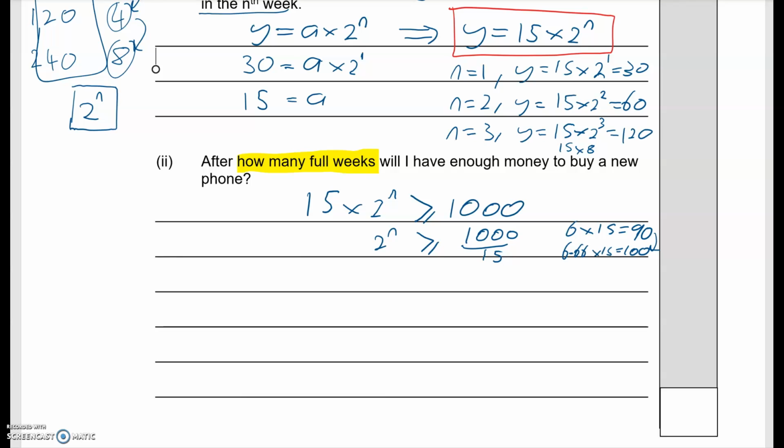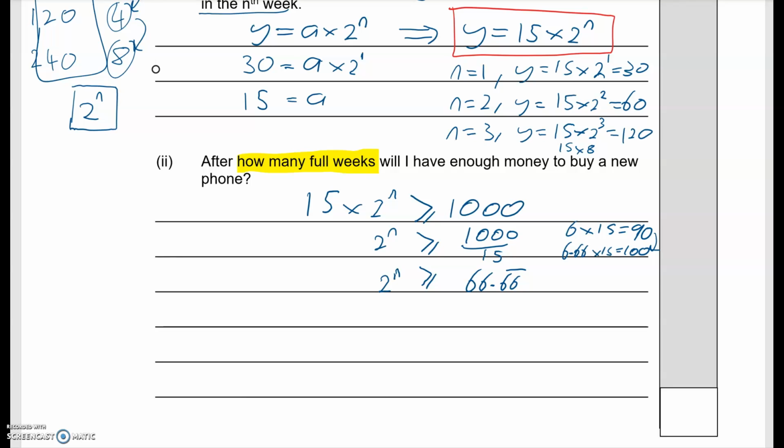I think there's actually a mistake in this question, the way it was written. It was meant to come out as a nicer number than that. But 1,000 divided by 15, you can work out, if you really want to, is 66 and 2/3. And you can just do that by simplifying the fraction. Anyway, you'll be given nicer numbers in the exam, I hope.